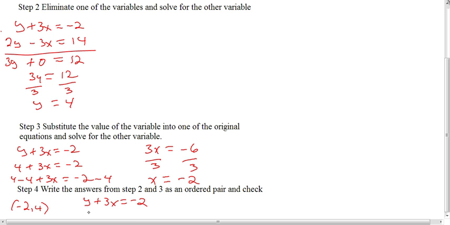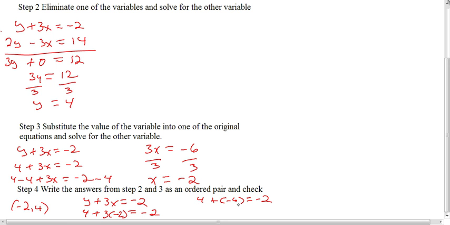So y is 4 plus 3 times negative 2 is equal to negative 2. Here we have 4 plus negative 6 is equal to negative 2.